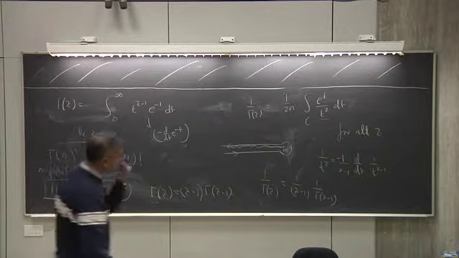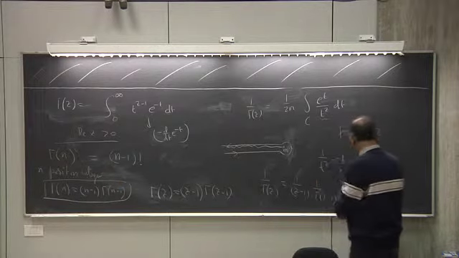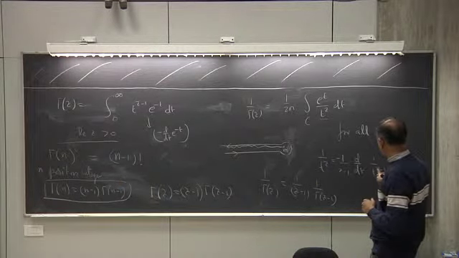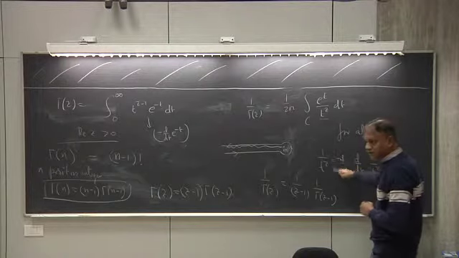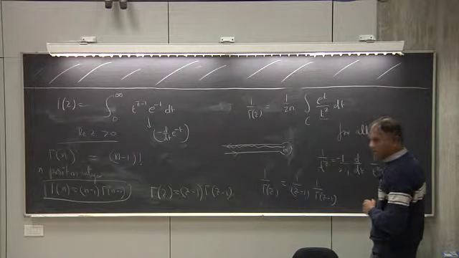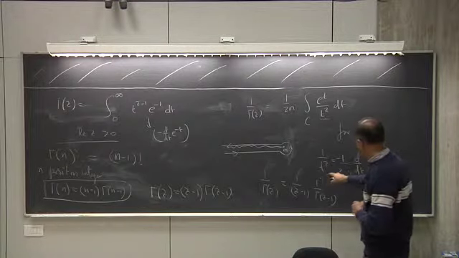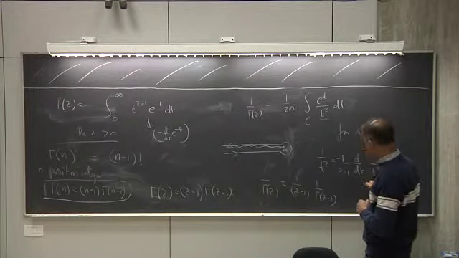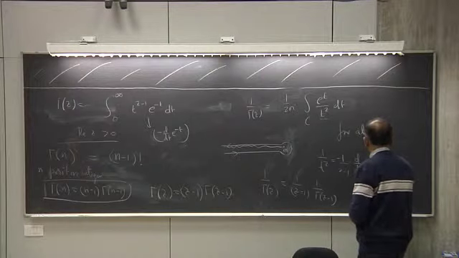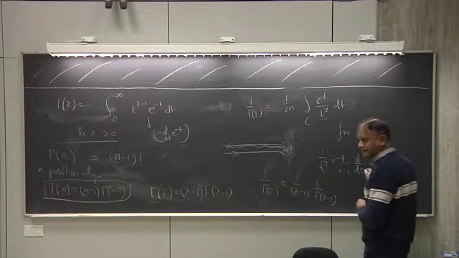Now let's say, isn't that true? d by dt acting on that will give you minus z minus 1, which will kill this, and then 1 over t to the power of z, which is that. After all, what is this? It is t to the power of minus z minus 1, right?